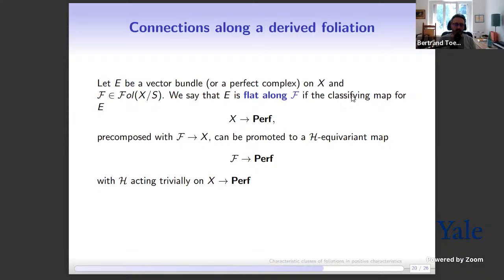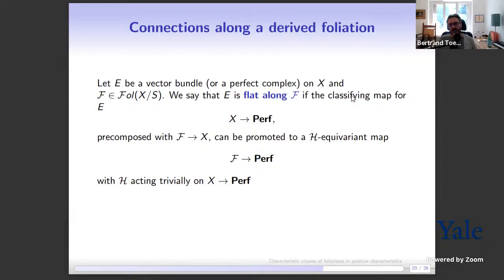So it's an extra structure. It's not really a property. It's like the data of a connection. So you say that a connection on E along F is by construction an H-equivariant structure on this map F to Perf, where H acts trivially on Perf and trivially on X. So that's the definition.